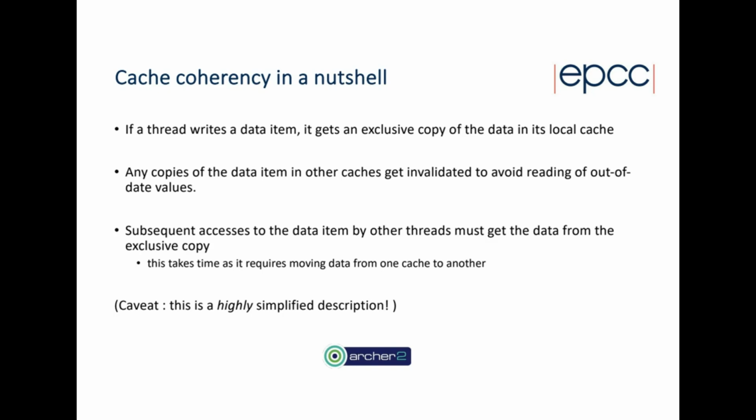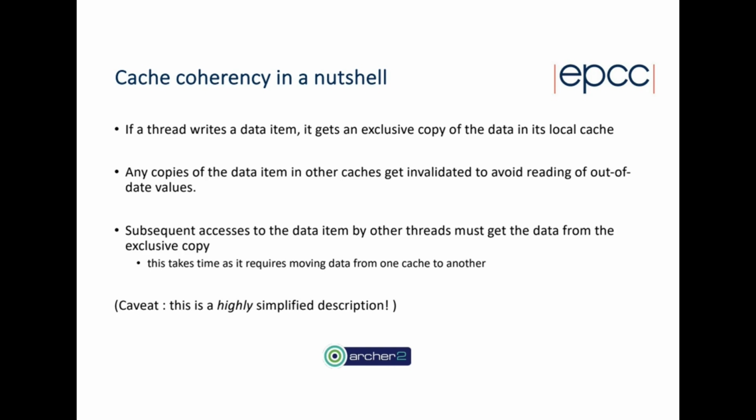And say the details vary. It's possible in some circumstances that the up-to-date copy might be in main memory rather than in the remote data cache, but the cost of that is much the same anyway.